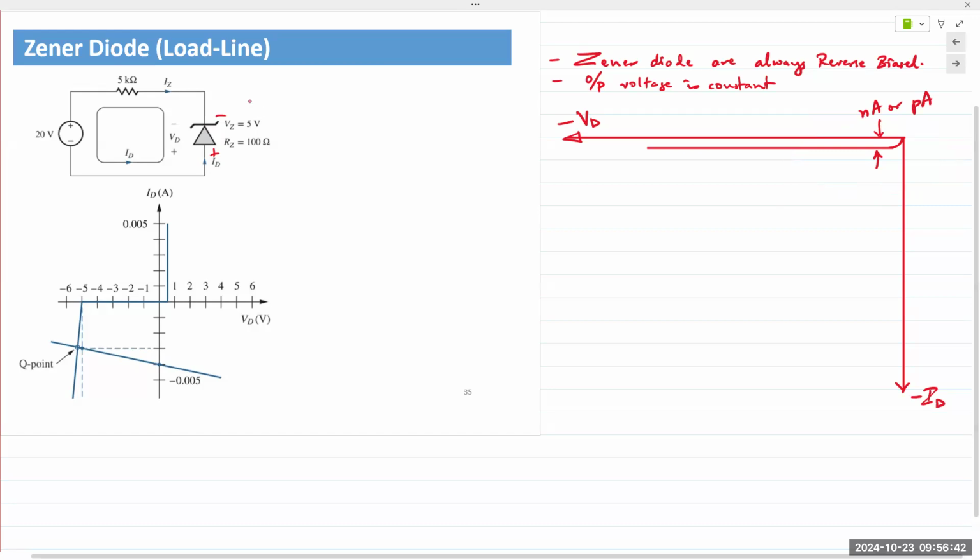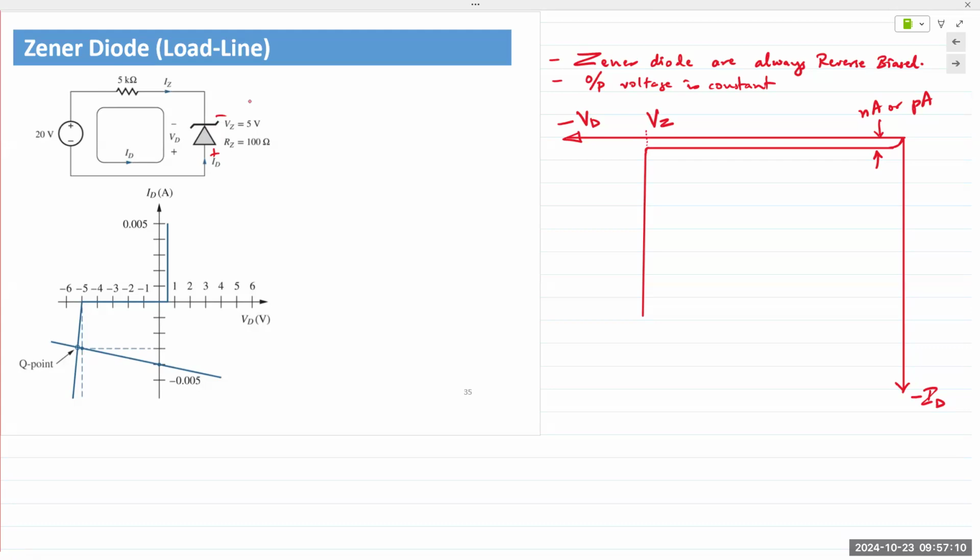And then breakdown occurs. And this is known as the Zener voltage VZ. There is a very small slope, or actually I should say there's a very steep slope.